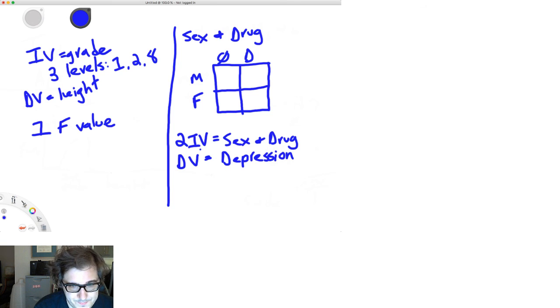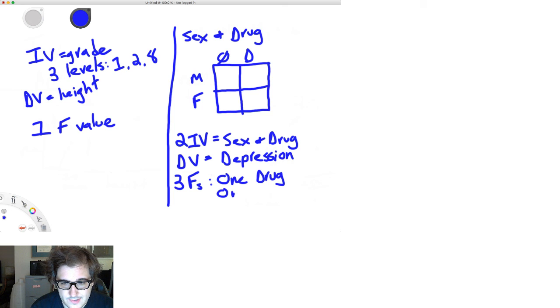So here, we're going to wind up having 3 Fs. 1 for drug, 1 for sex, and 1 interaction, drug times sex. So this gives us 3 F values. Because we have 1 IV, we have the other IV, and then we have the interaction between the 2 IVs.